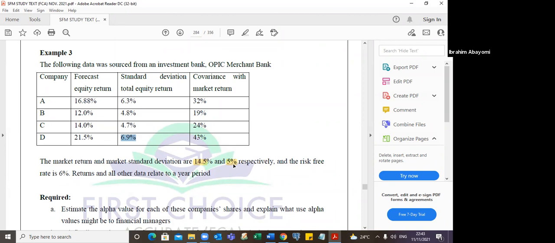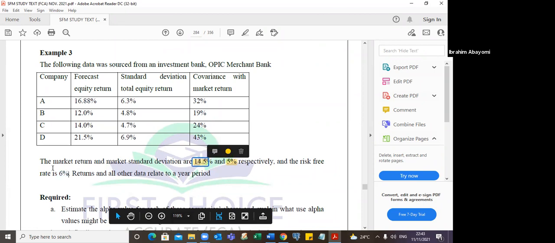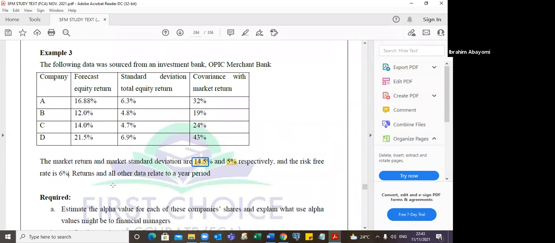When you are done, now go and use your information here. Risk-free rate plus your beta into bracket market return minus risk-free rate will give you your required return. When you are done with your required return, remove your required return from the forecast, you get the alpha value.